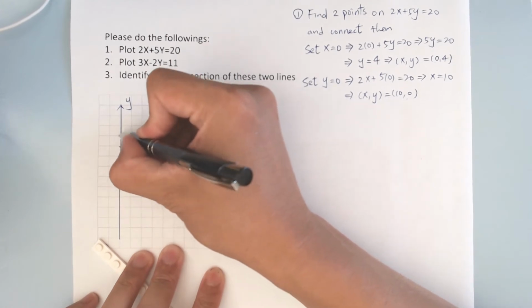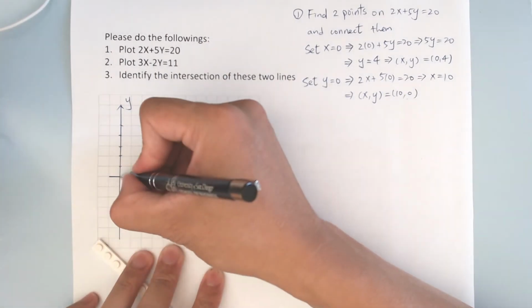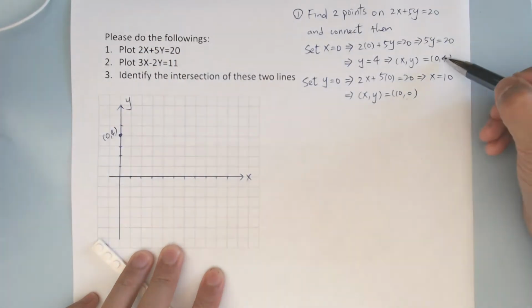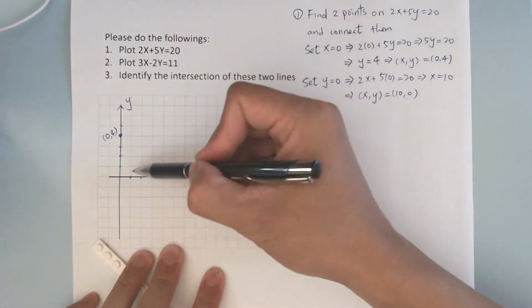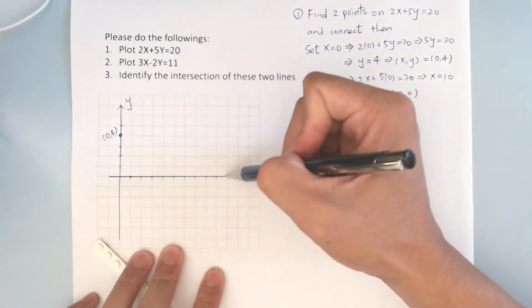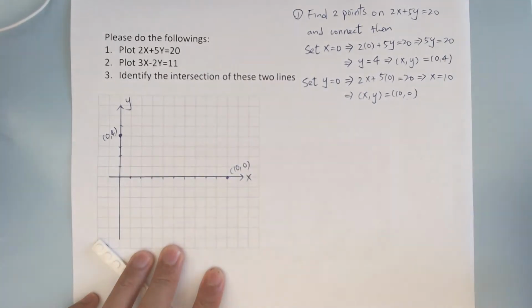That's the scale I choose. First point is 0, 4. This is 0, 4. Second point, 10, 0. So let me count: 1, 2, 3, 4, 5, 6, 7, 8, 9, 10. Okay, so this is 10, 0.